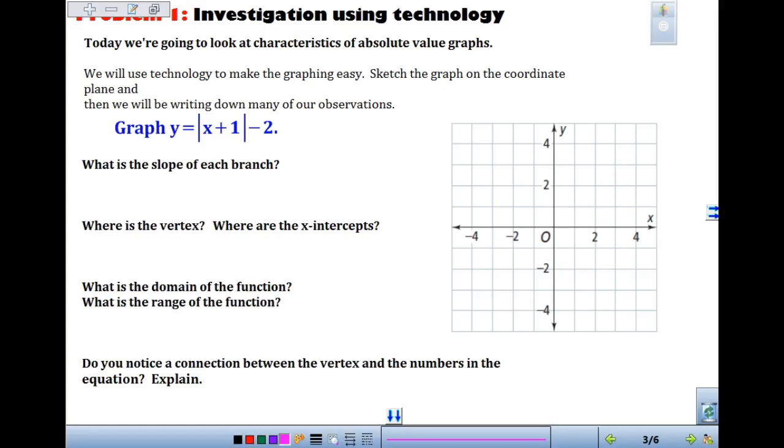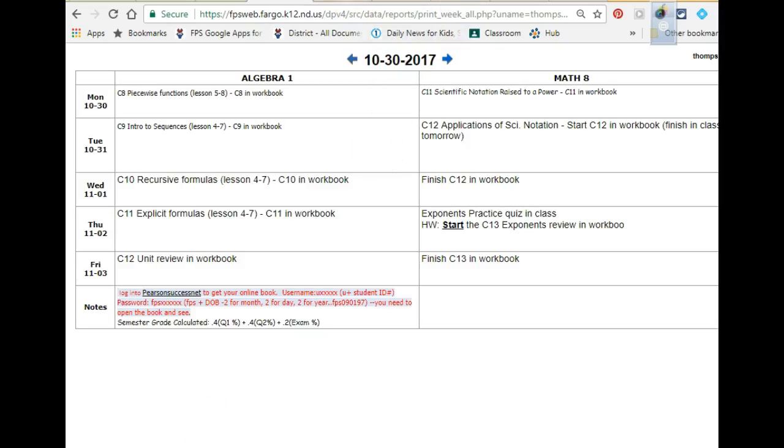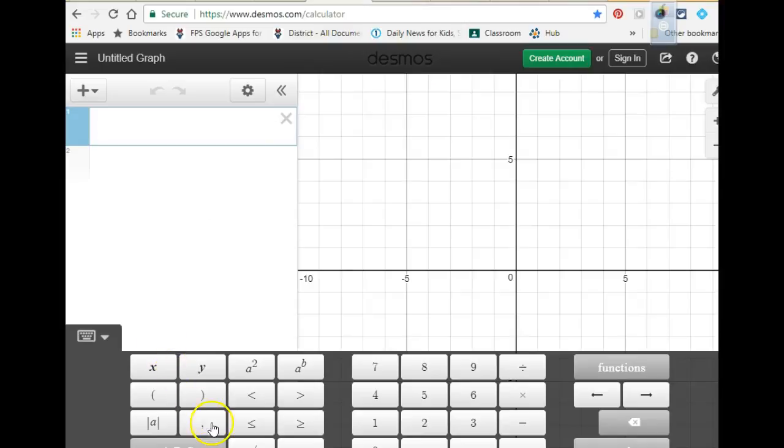So now as we take a look at this one, we want to look at this equation. The first thing I want you to think about is what the slopes of each branch are going to be. So if you have your device with you, we're going to go to the Desmos calculator. Absolute value, and our equation was x plus 1.